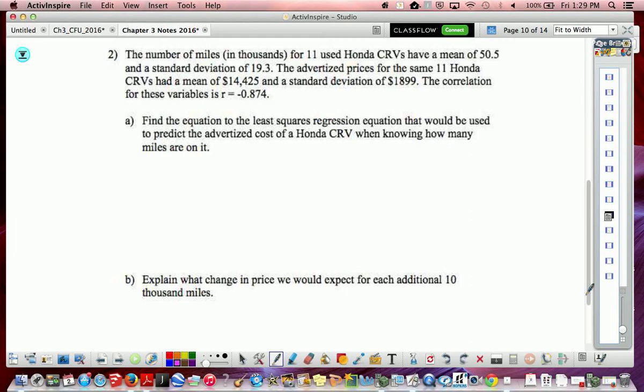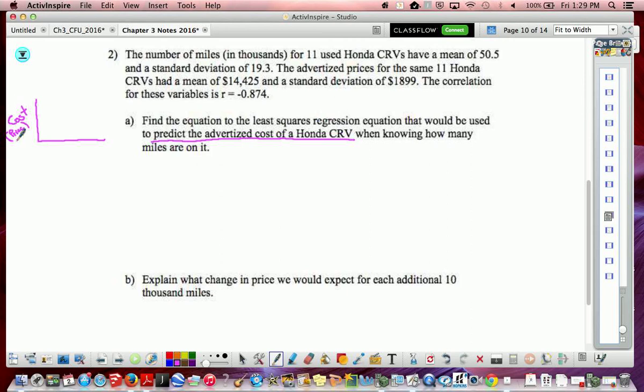Now there's a lot of information going on here. So one of probably the most important things to do with this problem is figure out which is X and what is Y. So if I go to this part here, it says predict the advertised cost of a Honda CR-V. So I like to draw a little X, Y axis over here, and I'm going to write the cost, or you could also think of it as the price.